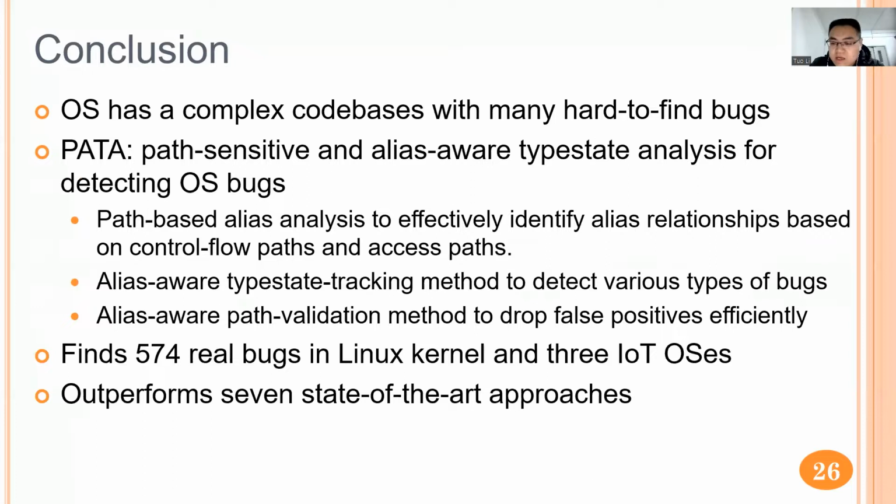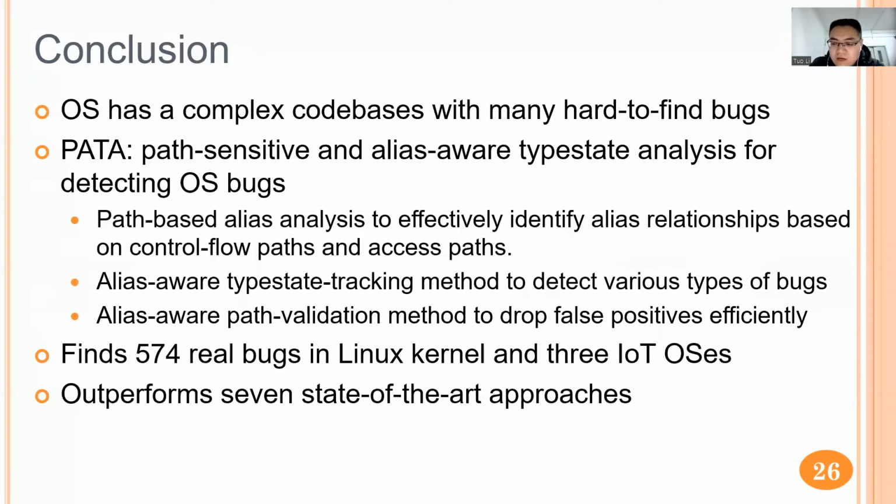OS has a complex code base with many hard-to-find bugs. To effectively detect OS bugs, we propose a novel approach named PATA. It has 3 key techniques. A path-based alias analysis to effectively identify alias relationships based on control flow paths and access paths.